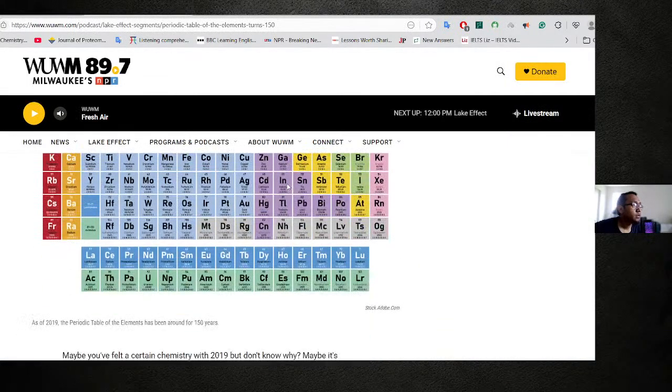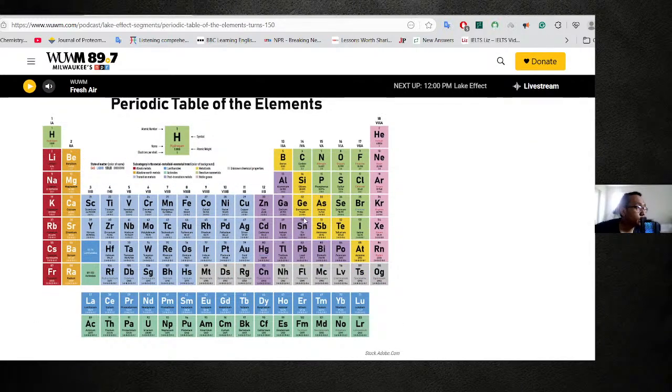This one, the germanium. Atomic number 32, 32 protons. Remember, atomic number represents the proton itself. So don't be confused.